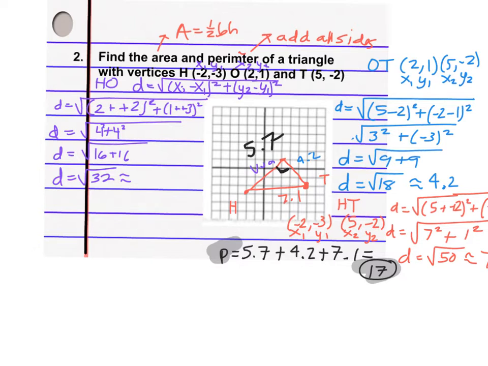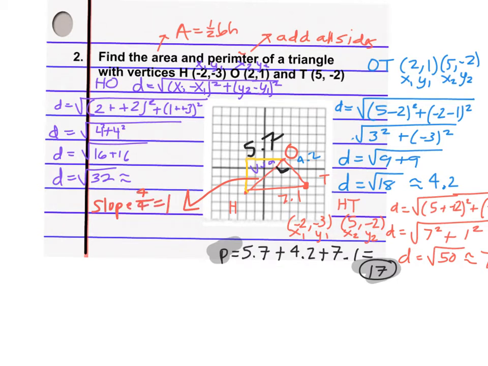It looks like I'm rising 1, 2, 3, 4, and I'm running 1, 2, 3, 4. So 4 over 4. So the slope of HO, rise over run, is 4 over 4, which is 1.